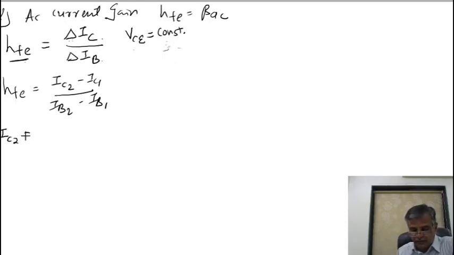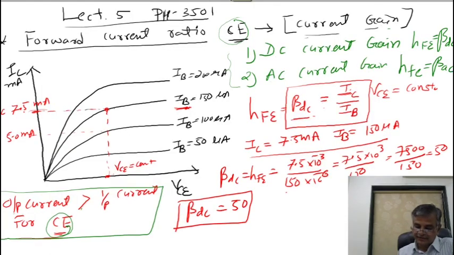From your graph you can see this is your IB2, this is IC2, this is your IB1, this is your IC1.